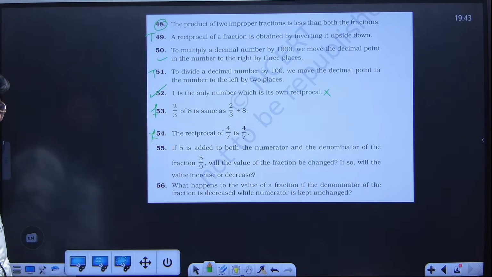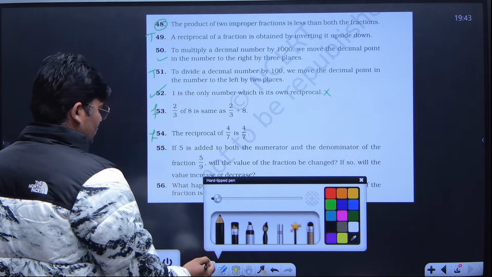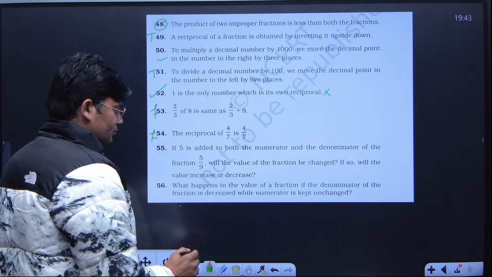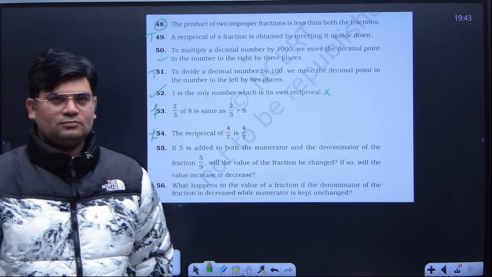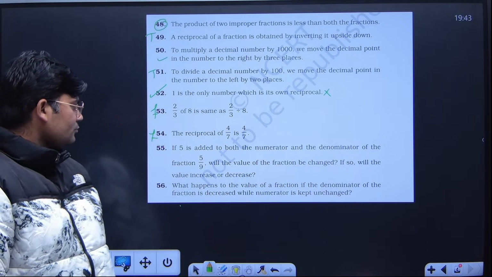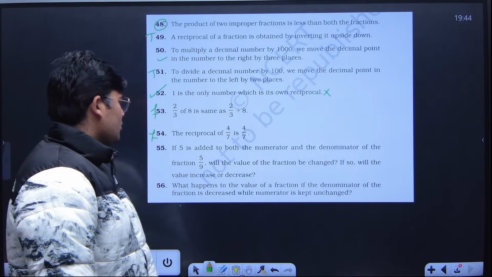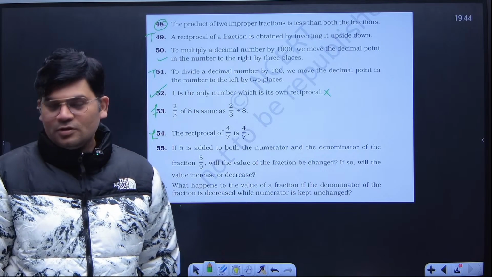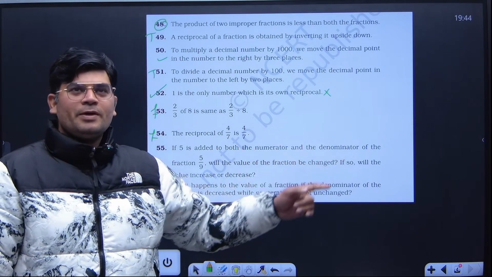Sure. Yes, let us check it out. But the value of the fraction, like after 5 is added, right? Yes. So then it will increase. Yes, very good. You are just saying to me with the same logic that I taught you how to check the comparison of a fraction.